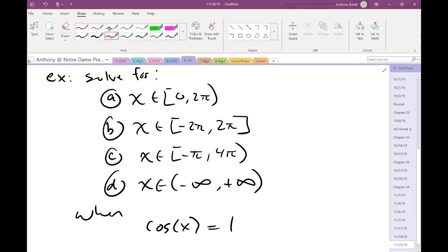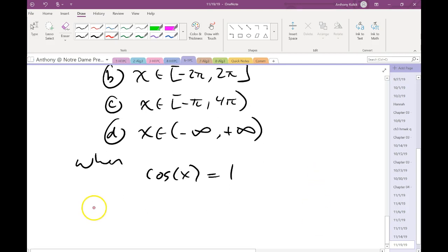To our unit circle. What are we looking for on the unit circle? Where cosine is equal to 1, so we're looking for the x value. Where does that happen on the unit circle?